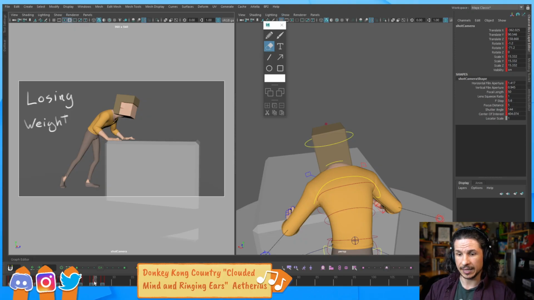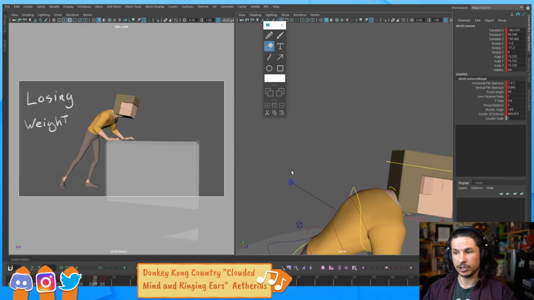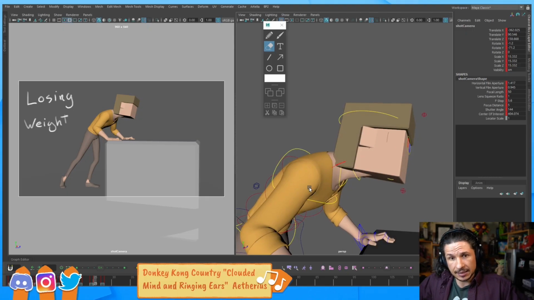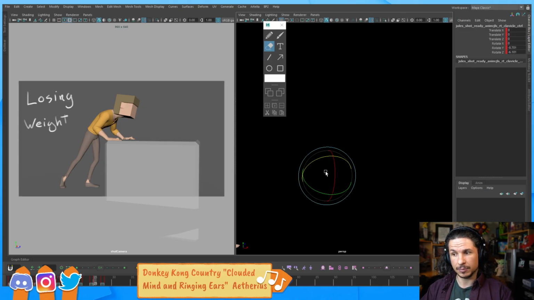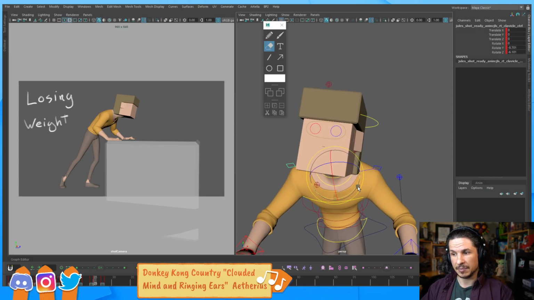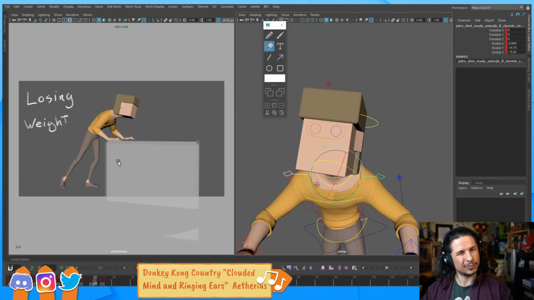So for example, here, if I want to push this character's weight, he's leaning on the table, even though his arms are going forward, which would mean that the clavicles typically would move maybe a little bit forward and down, that's just relaxing him. We're not aiding in this or adding weight. We're just losing weight.